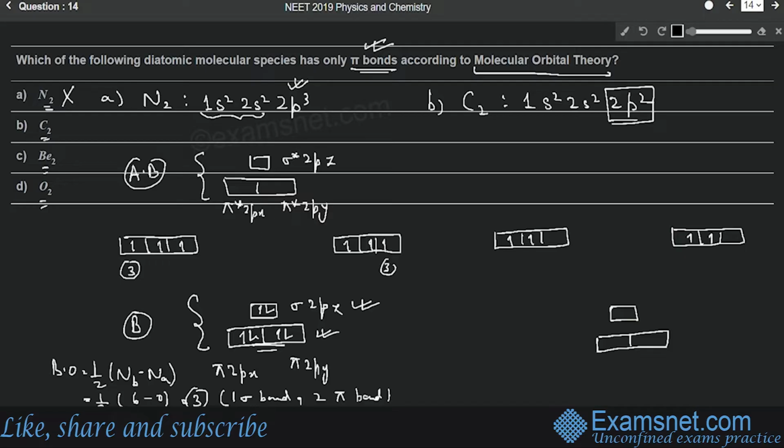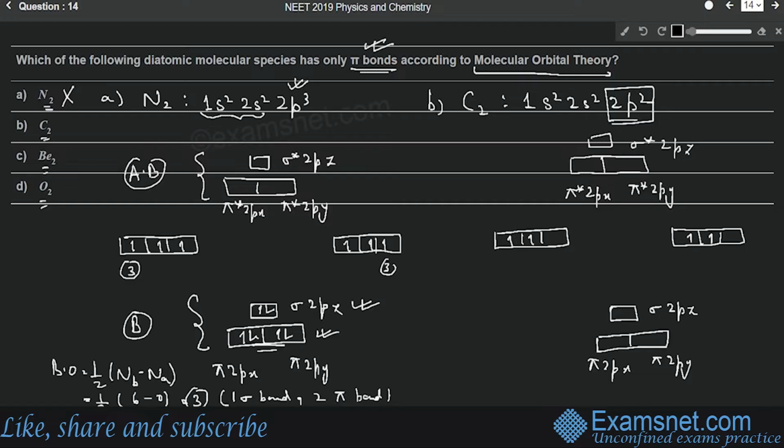And on the upper part we have anti-bonding molecular orbitals. This is pi 2px, this is pi 2py, and this is sigma 2pz. Similarly, this is pi star 2px, this is pi star 2py, and this is sigma star 2pz.